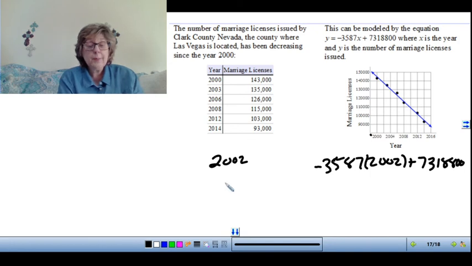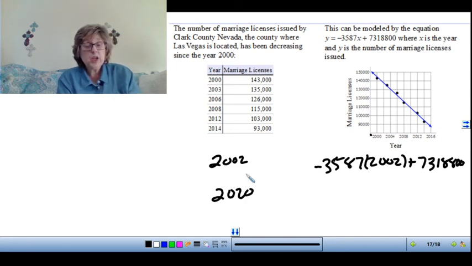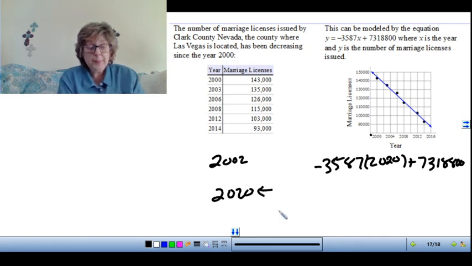Now, for an extrapolation, I might say 2020. It's outside of the values between 2000 and 2014, so it's outside the data that I have retrieved. So that's what an extrapolation is. I would find it exactly the same way: plug it in here and crank out a number. But I would have to understand that this extrapolation is valid only if the data continues thusly.